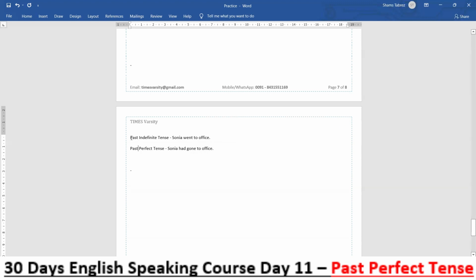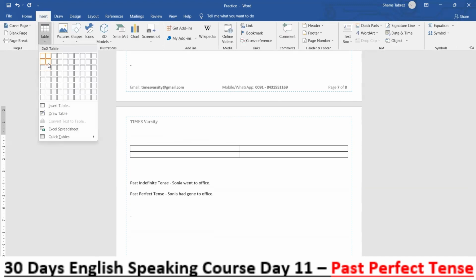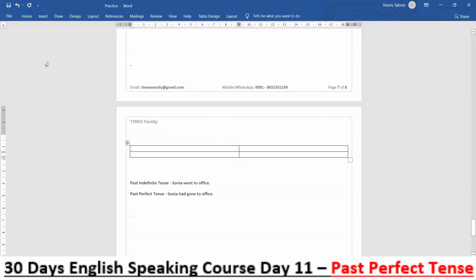Similarly, if you put in this way, let's draw a table. Okay. So here it is present indefinite tense, and it is past indefinite tense. Okay, so you see here your sentence.